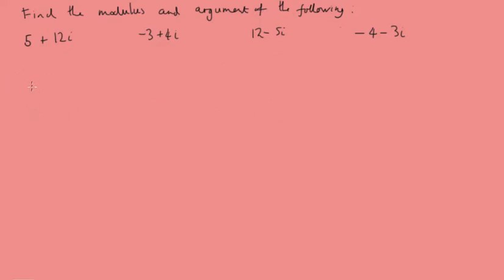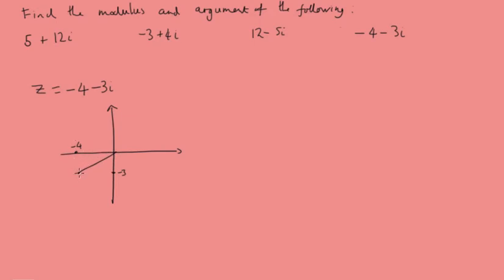So finally, z is equal to minus 4 minus 3i. So this is the final quadrant, so it's going to be minus 4. This is minus 4 and minus 3. So it's going to be about here.